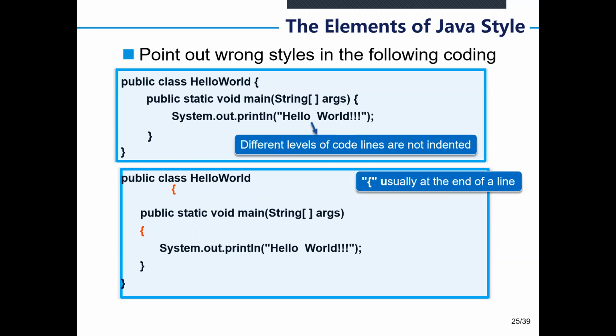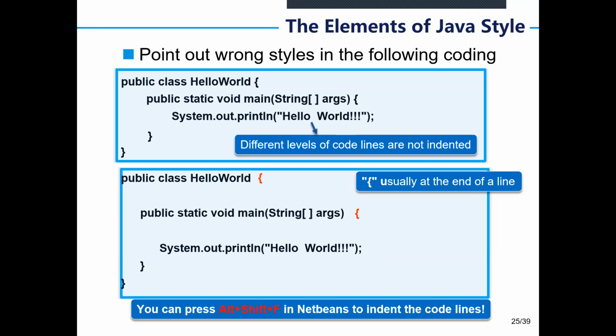And in Java, the open brace is usually at the end of the line. Don't worry about it. If you don't know how to format your Java code correctly, you can press Alt, Shift, and F in NetBeans to indent the code lines.